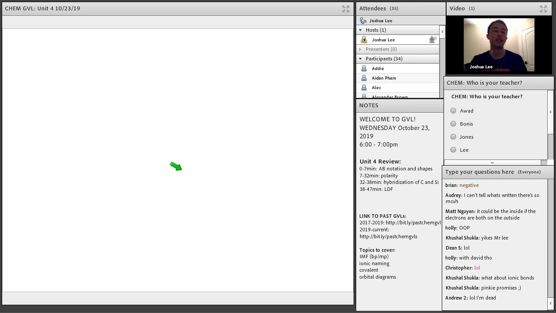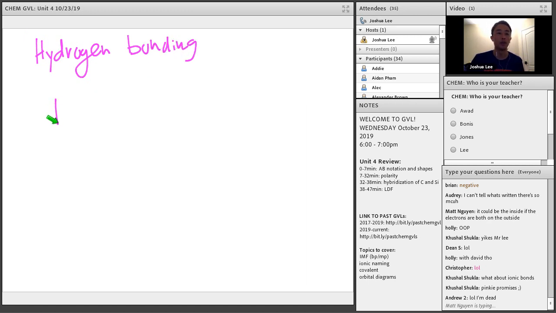So the next one is hydrogen bonding. This will be the strongest out of them all. And this will only occur when one molecule has a hydrogen, fluorine, oxygen, or nitrogen, like that, and another molecule has a hydrogen.